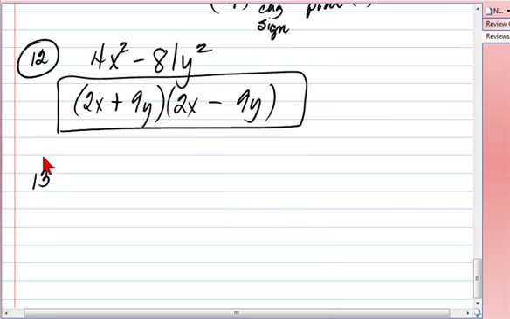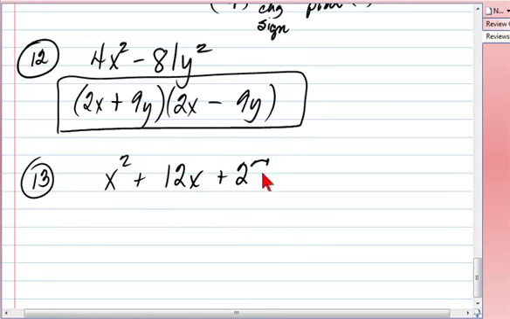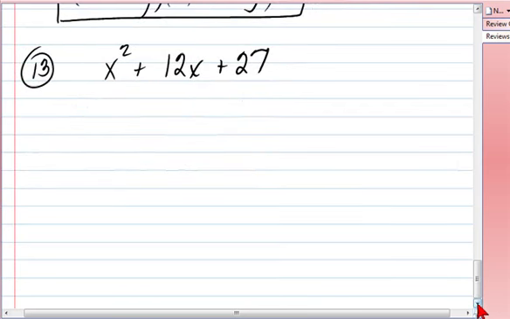Number 13. I have x squared plus 12x plus 27. Is there a common factor? No, it's a trinomial, so I go to trial and error.